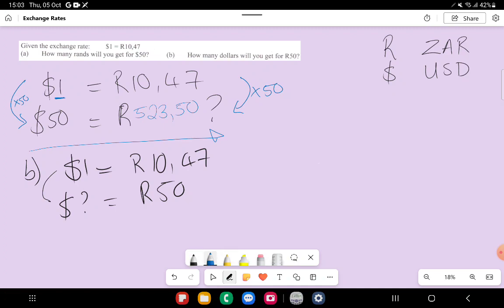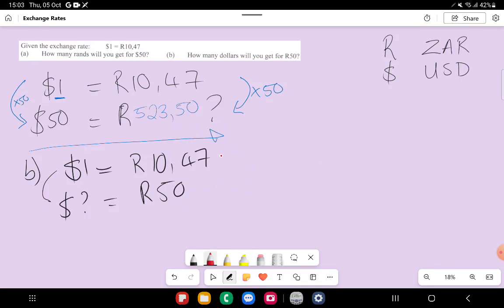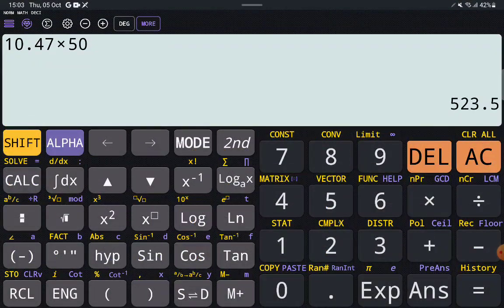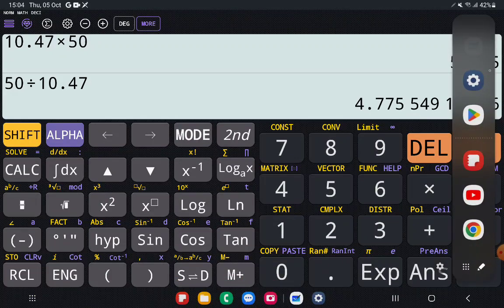If we do the same thing we did in the previous one and we ask the question, what do I do to 10 rand to get here? That becomes tricky. So instead of doing that, I'm going to ask the question, what can I do to 50 rand to get to 10, right? So let's do that. We're going to say 50 rand divided by 10.47. So 50 divided by 10.47 gives me 4.775.